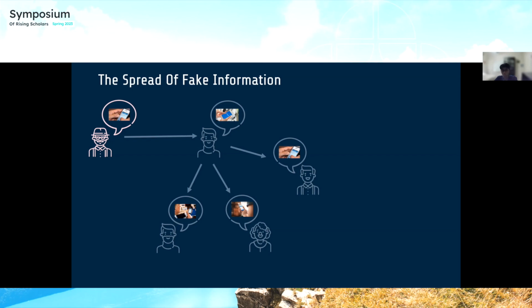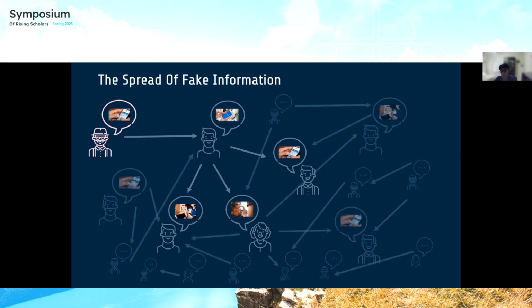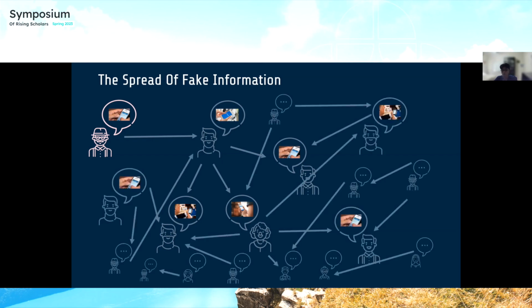Well, they send it to more of their friends and family, and they send it to their friends and family. And soon enough, you have this wide network and web of people who have been circulating a single tweet. And just in a matter of days, this tweet can reach millions of people because with the power of social media, everyone is just one click away from sending a piece of information to anyone online.